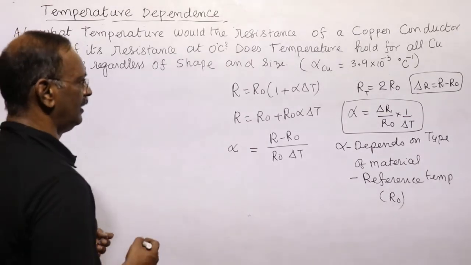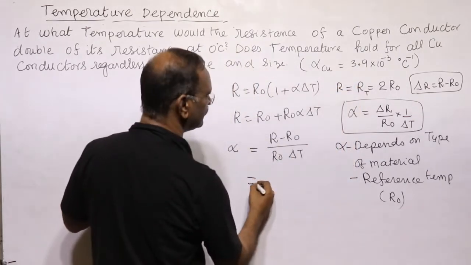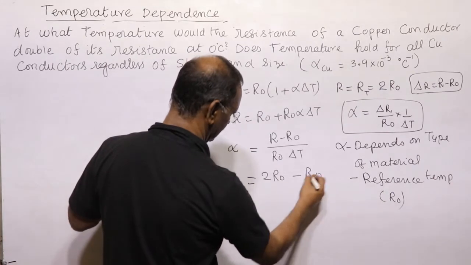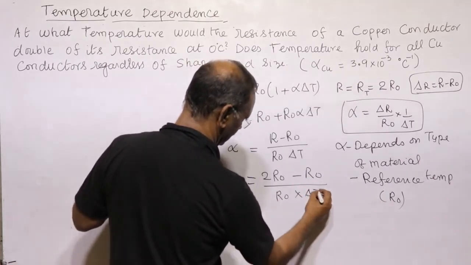Here R is twice R naught, so alpha is equal to twice R naught minus R naught, divided by R naught into delta T.